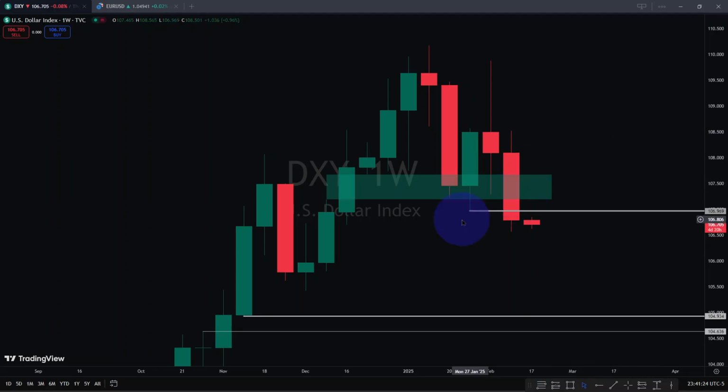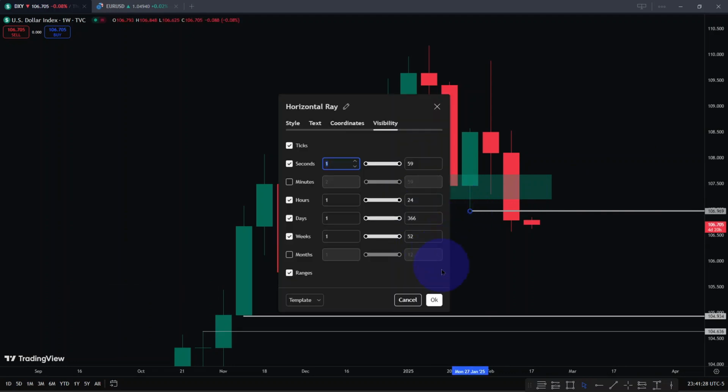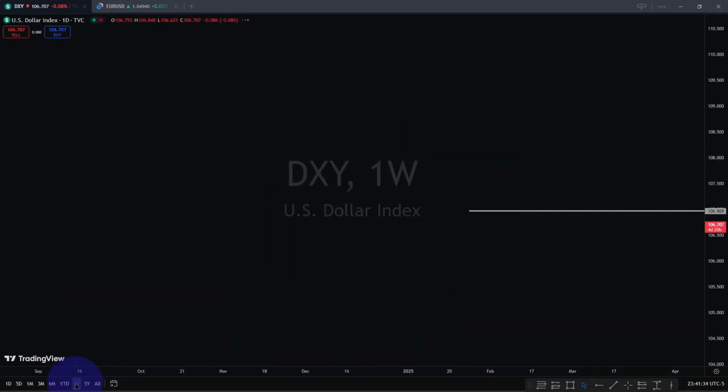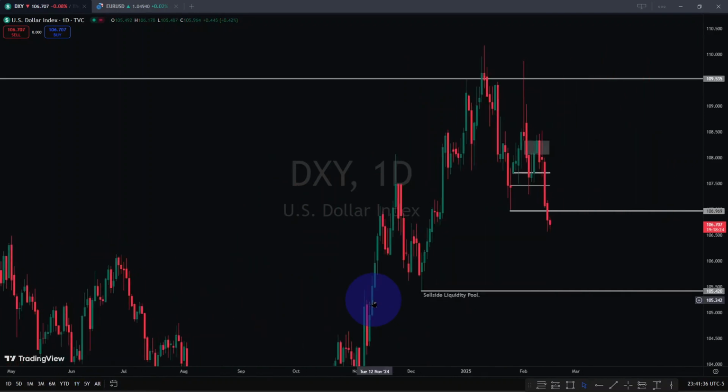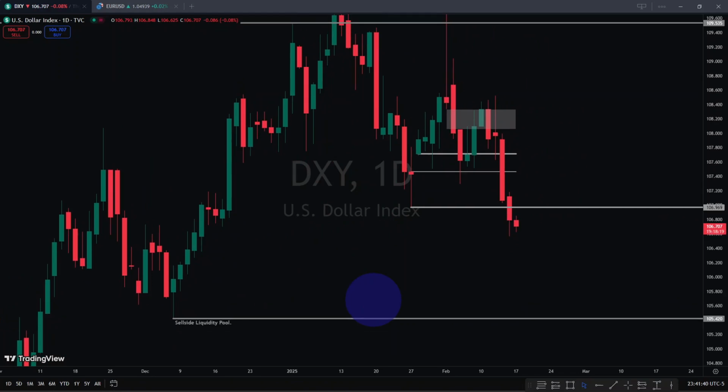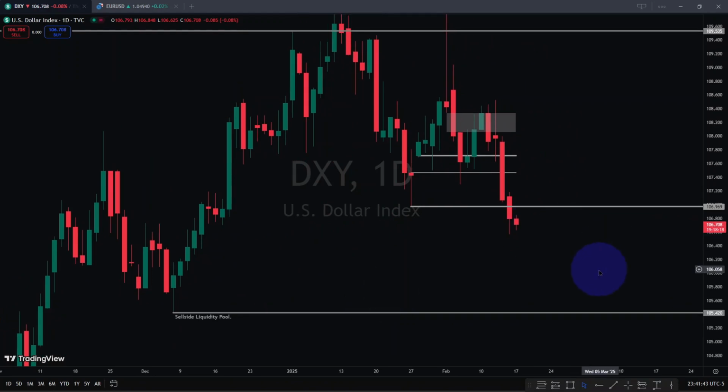So we have this level here, the weekly bearish order block, and the inversion fair value gap here, and basically that.